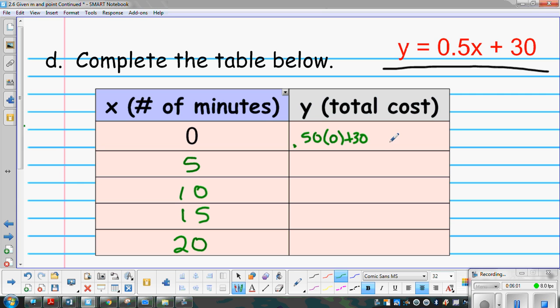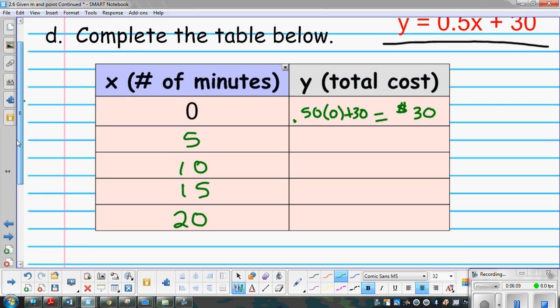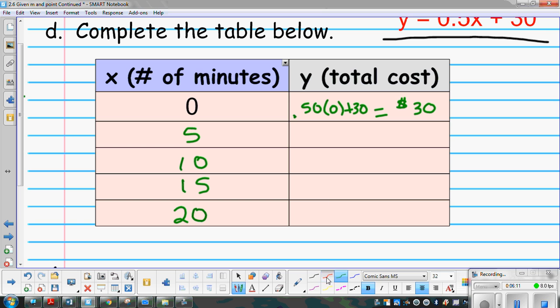Well, anything times 0 is 0. 0 plus 30 is 30. So even if Shelby talks 0 minutes, she still owes $30 because there is that one-time monthly fee. So now let's see what happens if she talks for 5 minutes. We will sub in the 5.